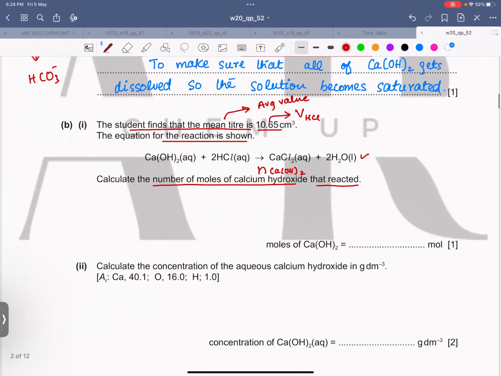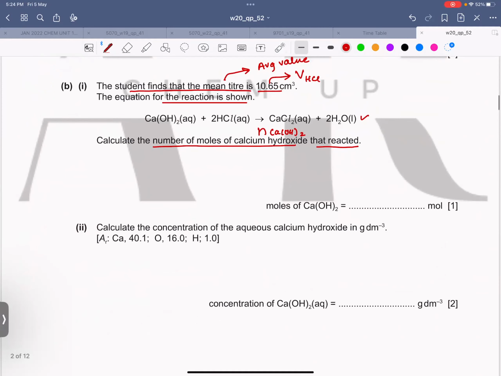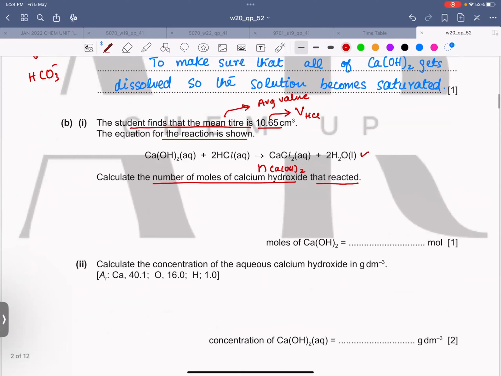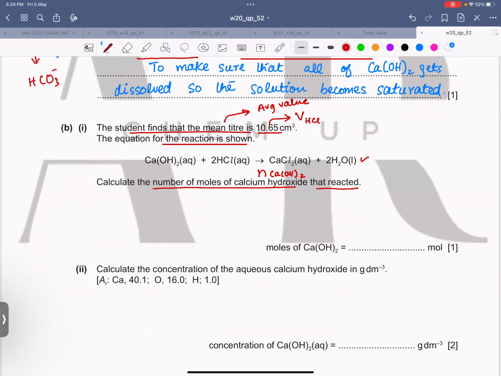So if we are able to find the moles of acid, then we can easily identify the moles of calcium hydroxide. So first we will find the moles of acid, which equals concentration of acid times volume of acid.